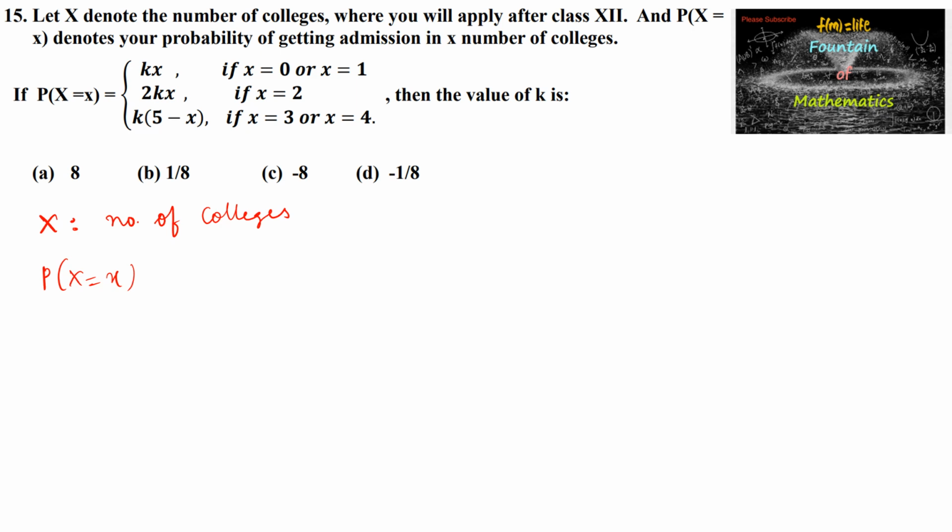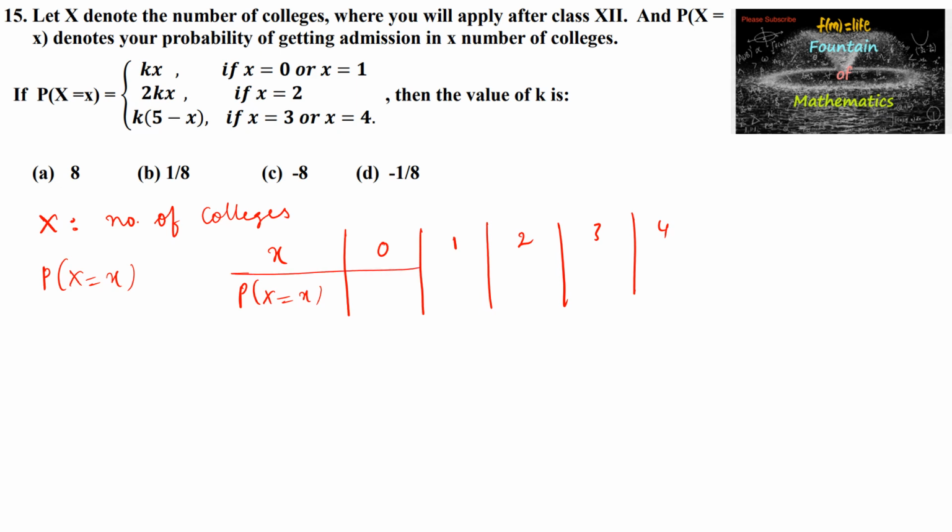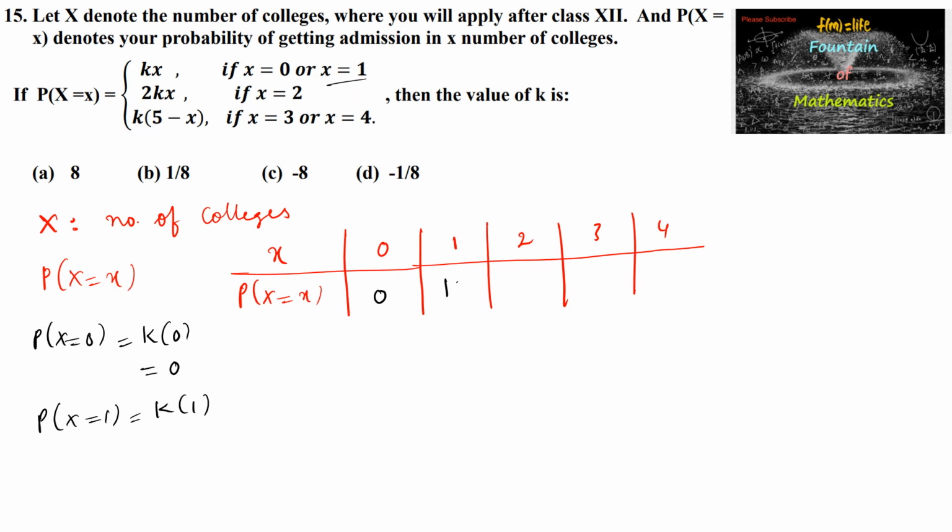So let us consider the table, for x is equal to 0, 1, 2, 3, and 4. Whenever x is equal to 0, the probability is kx, that is k into 0, which is 0, and at x is equal to 1 it is kx again, k into 1, which is k.